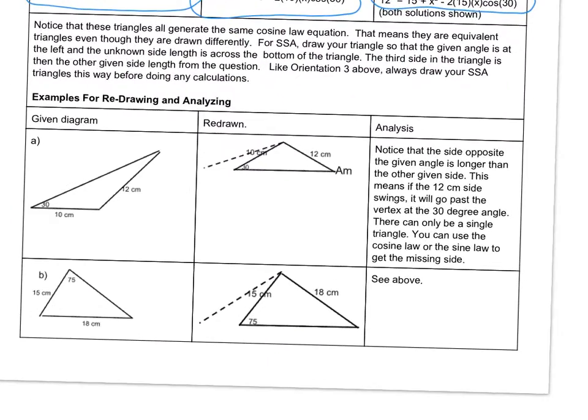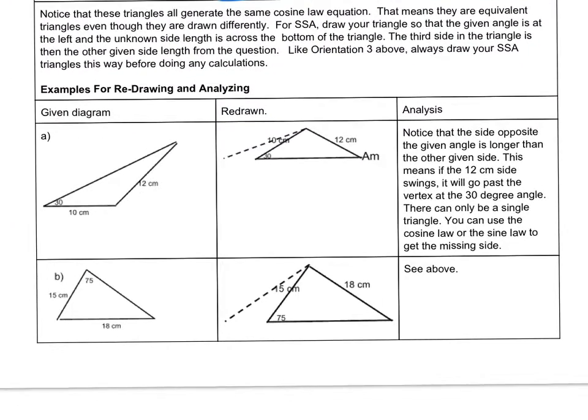So what you've got here, folks, are some examples where you can actually redraw the triangle. If this was the diagram that was given right here, you do have, in fact, side, side, and angle.